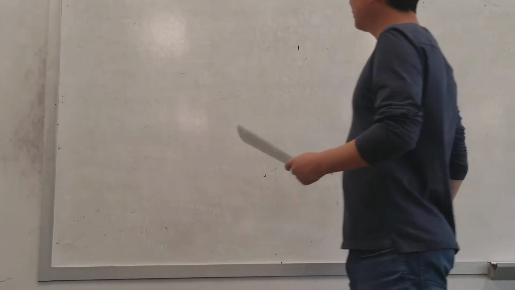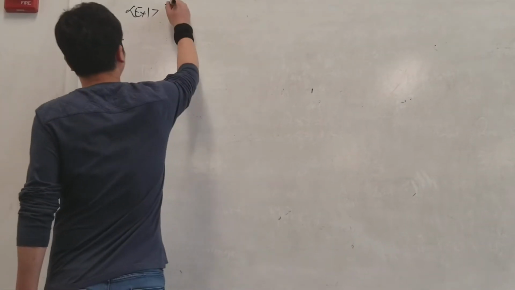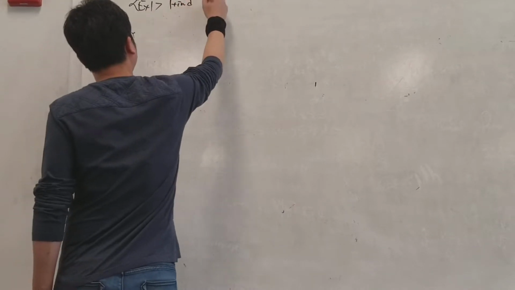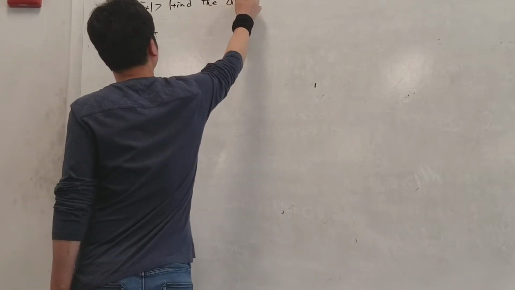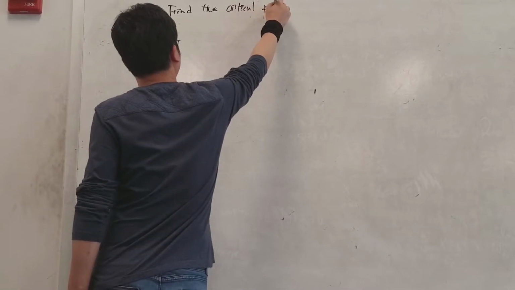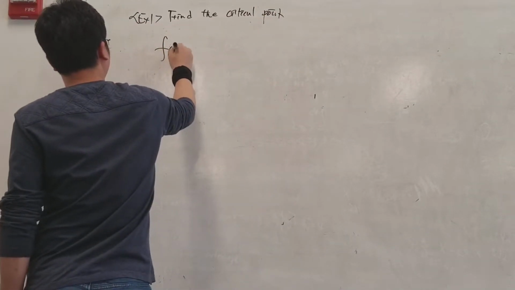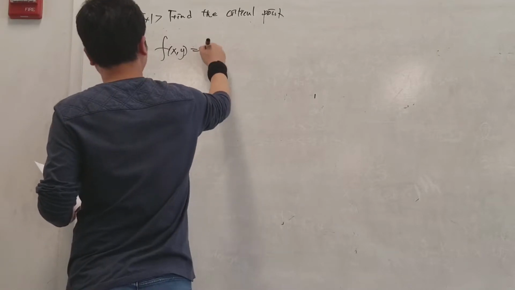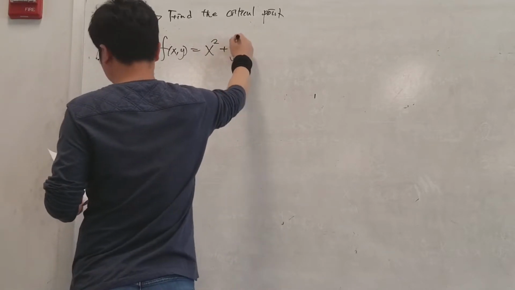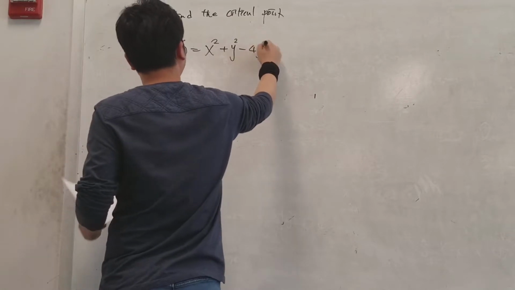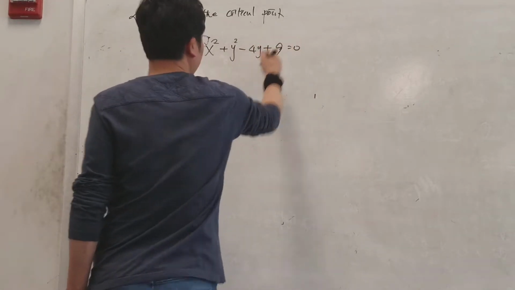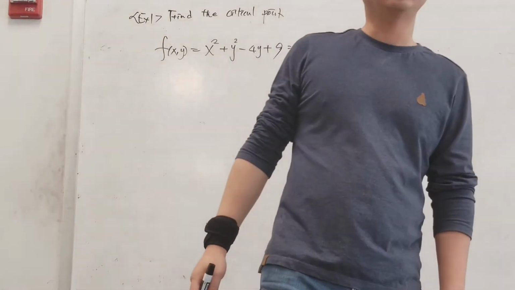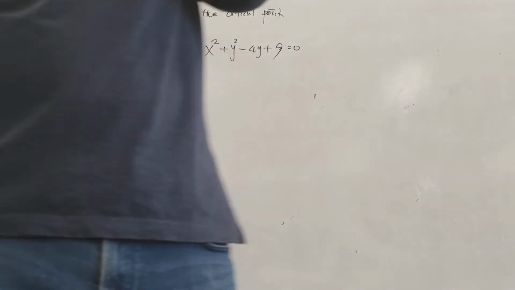So let's find the critical point. Let f of x, y be given by, let's say, x squared plus y squared minus 4y plus 9. So let's get my critical point, okay?